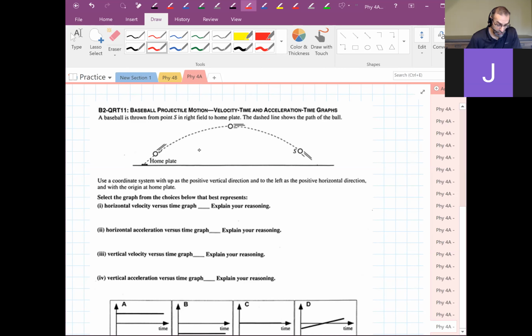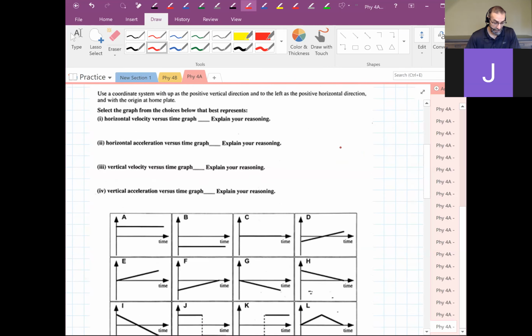So it says use the coordinate system with up as positive and to the left as positive. And then from the following graphs, select which one is the best fit for horizontal velocity versus time, and horizontal acceleration versus time, and vertical velocity and vertical acceleration.